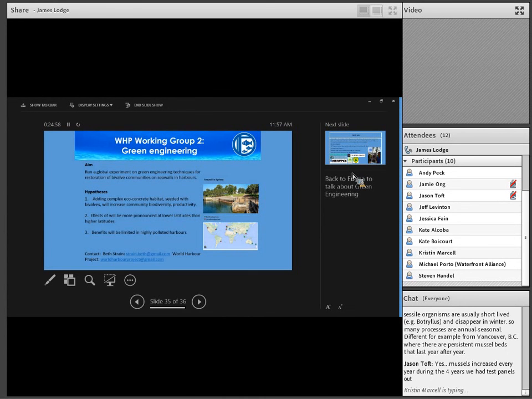In the map down there, you have a map of the current World Harbour Project partners across the world. And this is an interesting hypothesis, and it might speak to some of the lack of differences that we found in our particular protocol development: those benefits might be more limited in these highly polluted harbours.